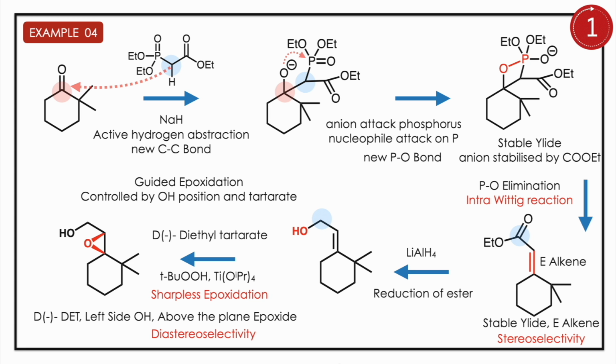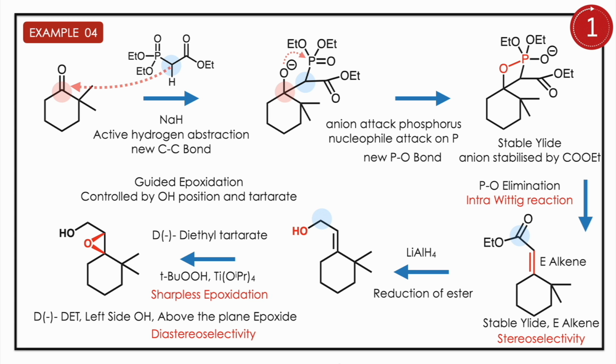Then a phosphine oxide bond forms because phosphorus has a high affinity towards oxygen. A 4-member ring forms. Phosphine oxide eliminates. You have a conjugated ester. Here you have an E-alkene. Why? Because it is the more stable alkene. So the E-alkene forms. Then you are using lithium aluminum hydride, which converts the ester into an alcohol, which is an allylic alcohol.